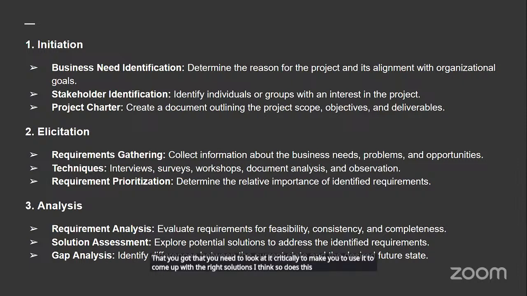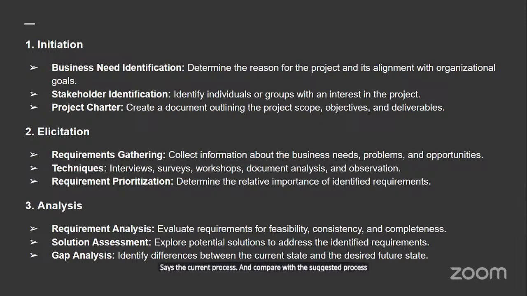Then we have the gap analysis. The gap analysis is simply to identify differences between the current state and the desired future state. What this is talking about is, as a business analyst, you met a current process and you are supposed to propose a future process, which is the solution. So what you are going to do in this respect is assess the current process and compare it with the suggested process.